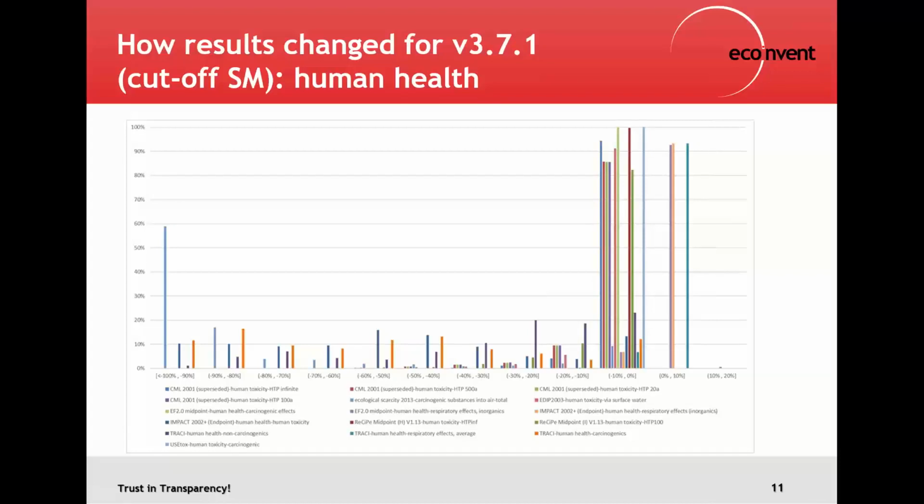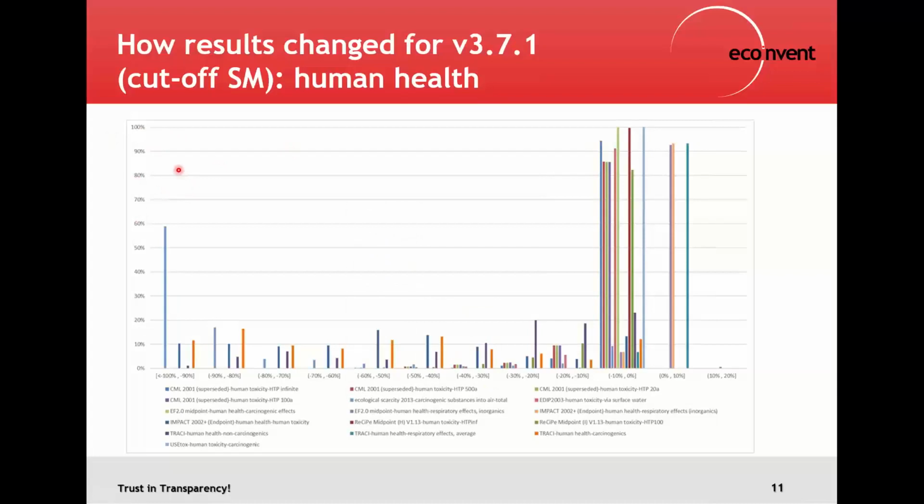So let's start with human health category. Changes in this category are the most visible ones in the correction of 3.7.1 from 3.7. Here what we're looking, maybe let's explain that a bit better. I don't know if you can see my mouse very well. Let's take a laser.